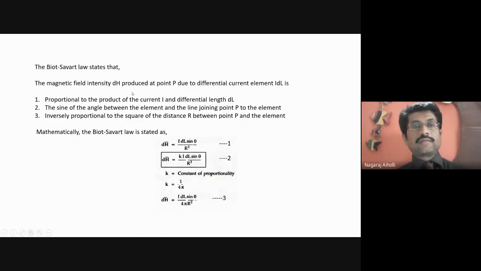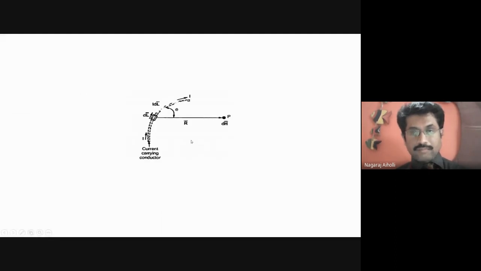Then let us define Biot-Savart's law. Biot-Savart's law states that the magnetic field intensity dH bar produced at point P due to the differential current element I dl bar is directly proportional to the product of the current I and the differential length dl.